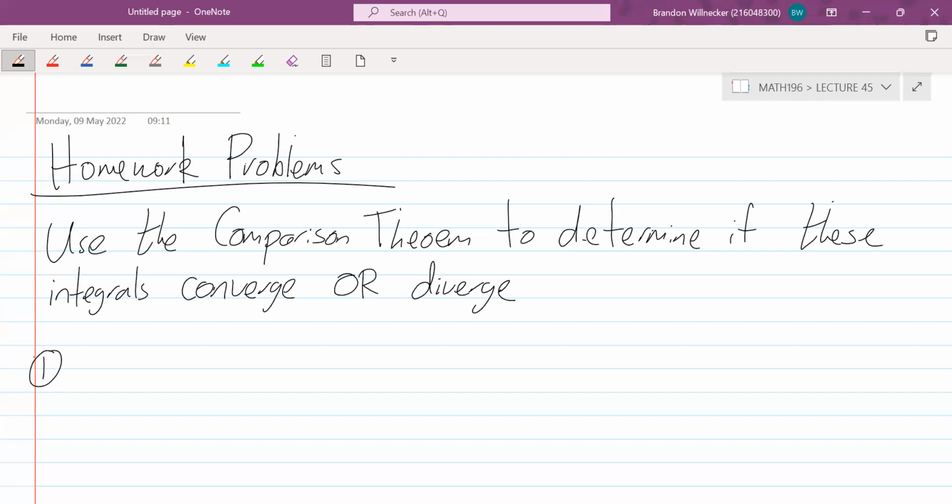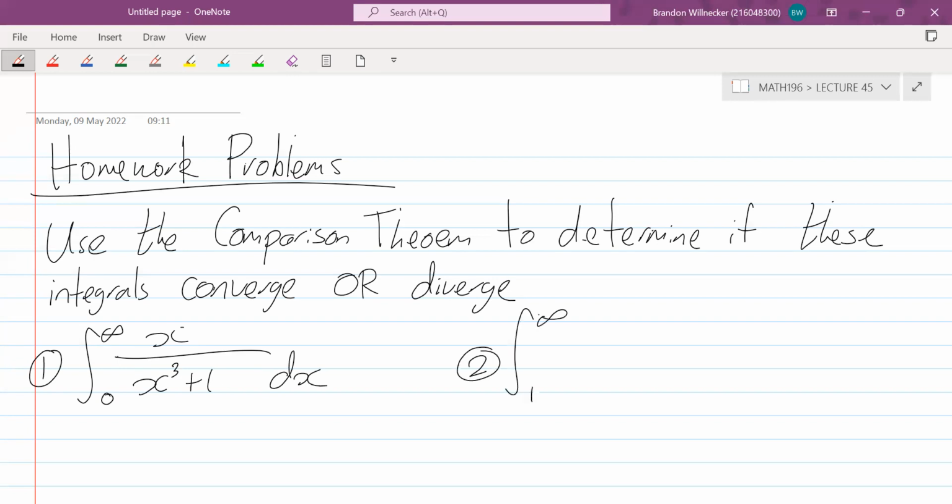So number 1, we have the integral from 0 to infinity of x over x cubed plus 1 dx. Number 2, we have the integral from 1 to infinity of 1 plus sine squared of x over root x dx.